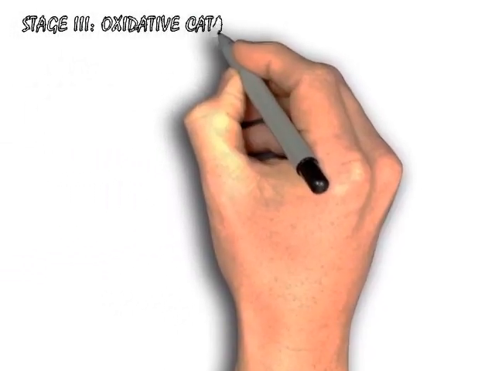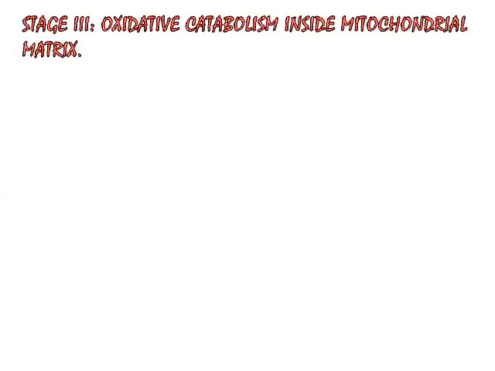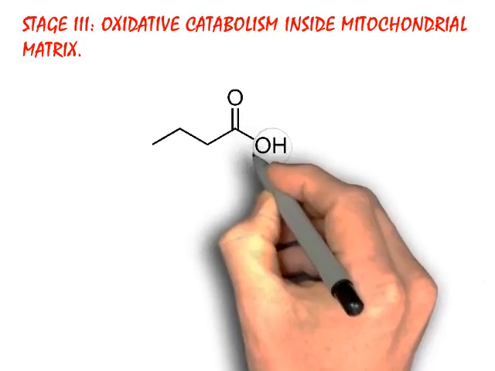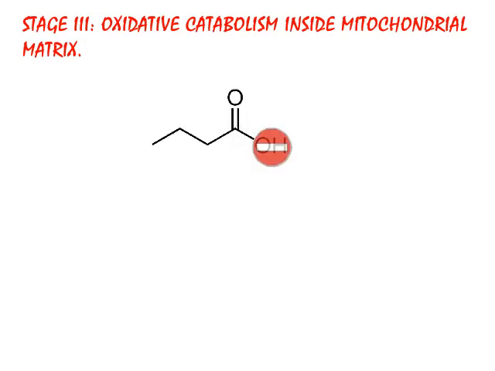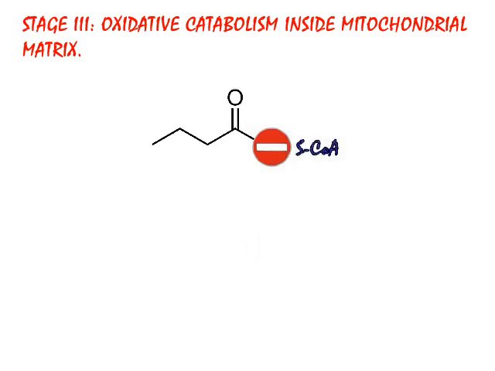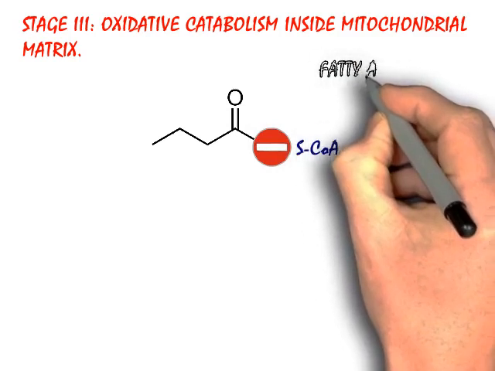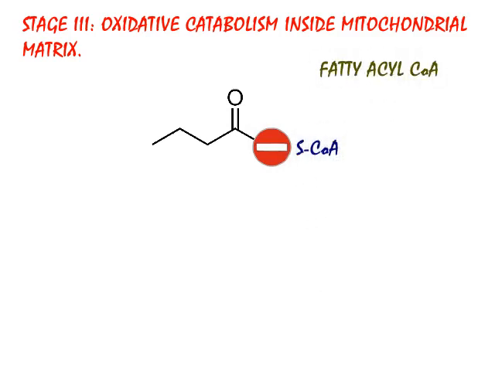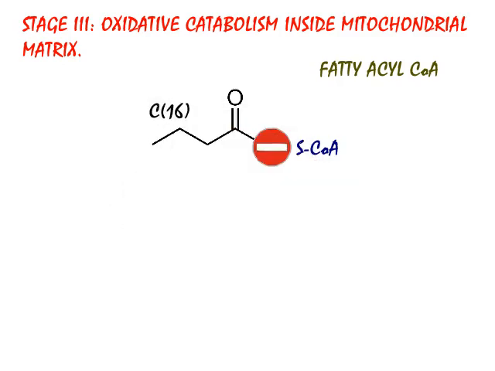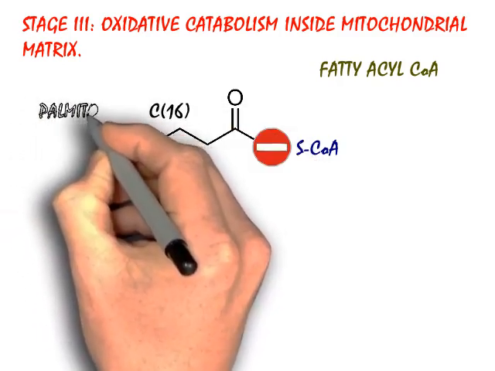Now we'll talk about the third stage, that is oxidative catabolism inside the mitochondrial matrix. Now suppose we have a fatty acid structure. In this we remove OH from the chain and we attach coenzyme A, so it becomes fatty acyl-CoA. Suppose we have a carbon chain length of 16 carbon, it is known as palmitoyl-CoA.